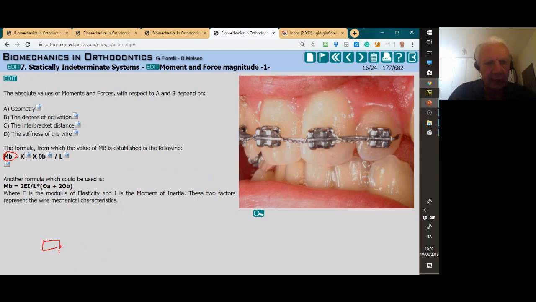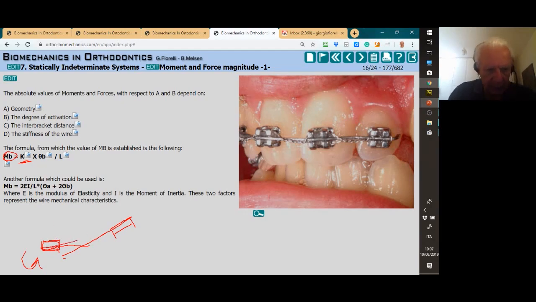So if we have this condition, for example, which might be a geometry 4, now the largest of the two angles is this bracket here, and if I would like to know the amount of moment which is in this direction that is applied here, I have to multiply the value of K, and this will depend on the geometry and on the wire. So it's already tough to make a calculation of this. It's impossible to do it clinically. Times the angle that I got. So the angle is this one here.